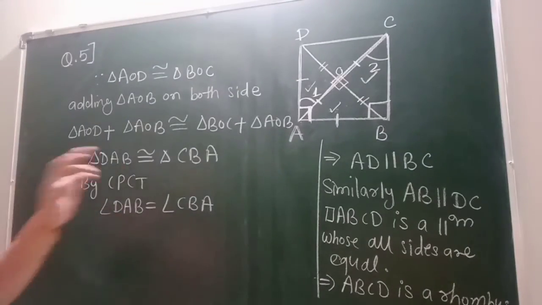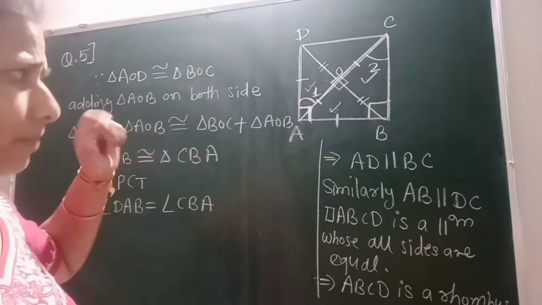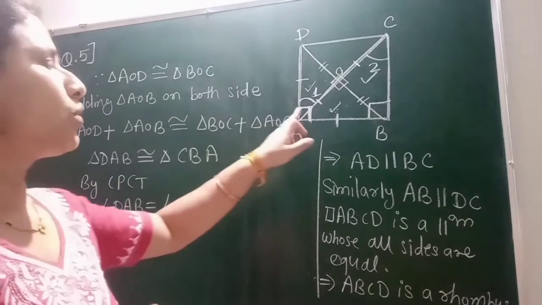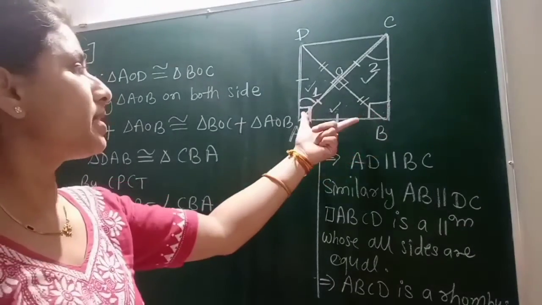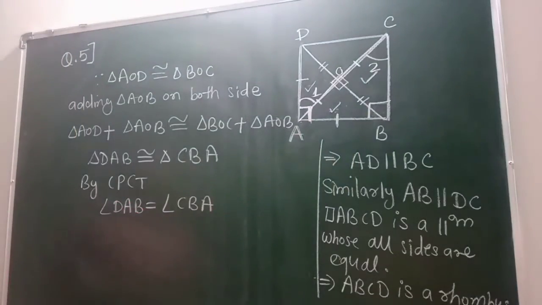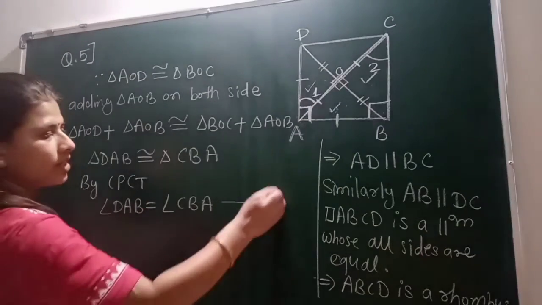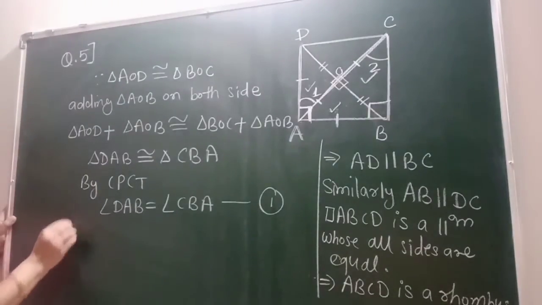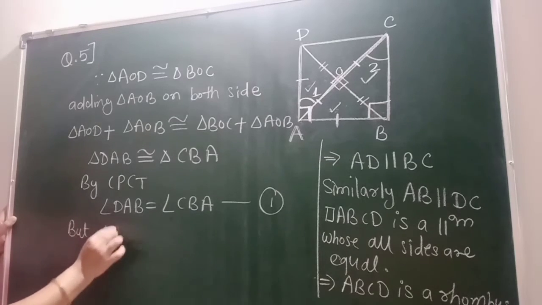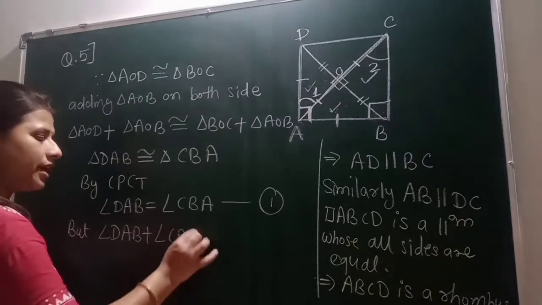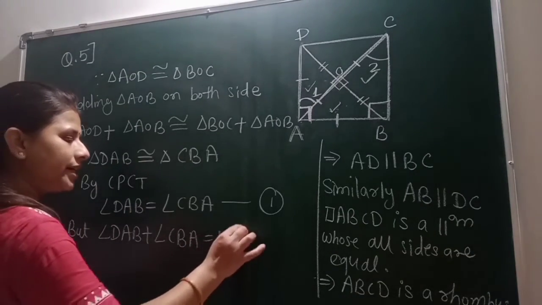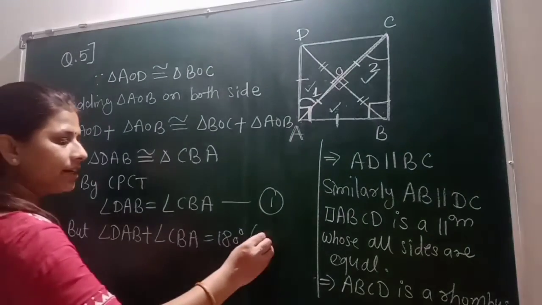But since ABCD is a parallelogram, as we know, adjacent angles are supplementary. It means the sum of these two angles will equal 180 degrees. Suppose this one is our equation number 1: angle DAB plus angle CBA equals 180 degrees. What we will write?